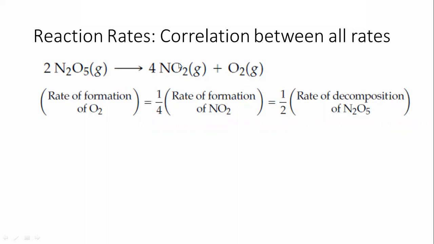If you compare the oxygen with this one, this is 2 times as compared to the oxygen. That means if you give 100 seconds, or 1 minute, or 1 hour to this reaction, in that particular time 1 mole of oxygen is going to appear, 2 moles of dinitrogen pentoxide are going to disappear, and 4 moles of nitrogen dioxide are going to form.